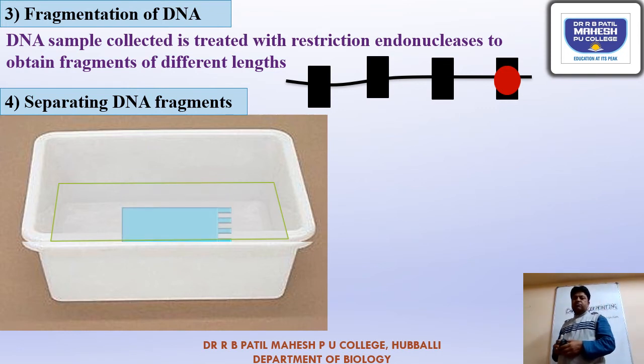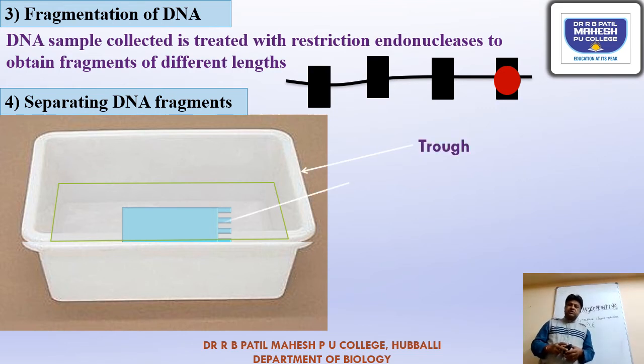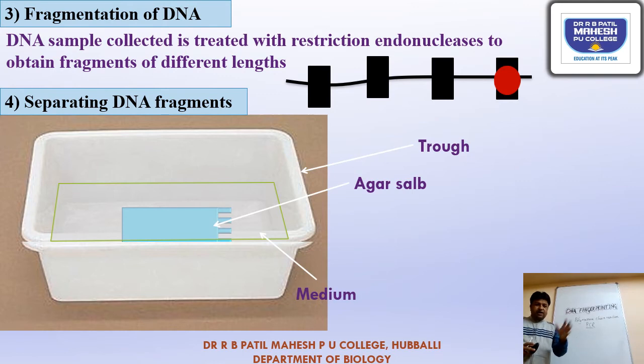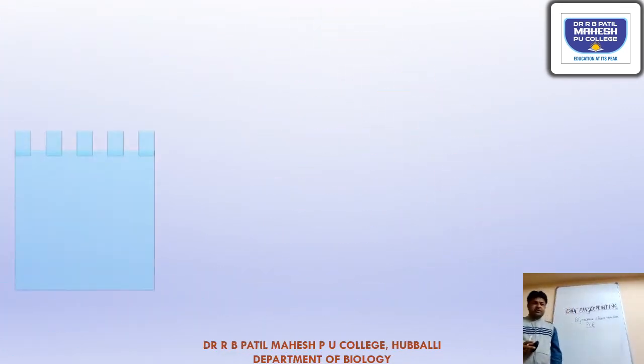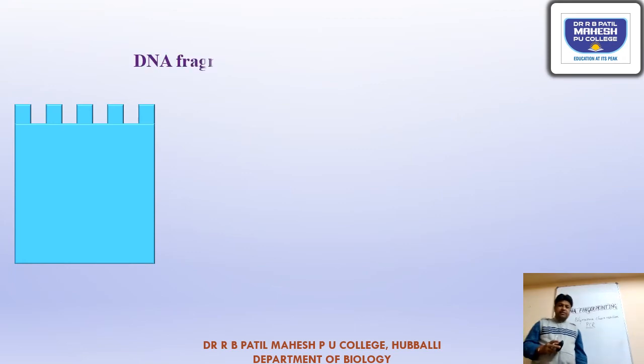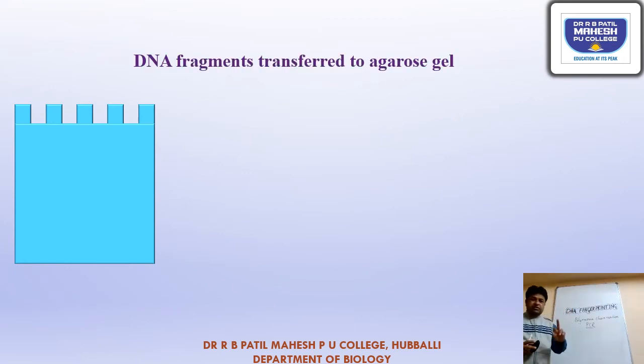What we'll do is transfer the DNA fragments onto agarose gel. Look at here. They are loaded to the agarose gel and we apply an electric field to the gel.